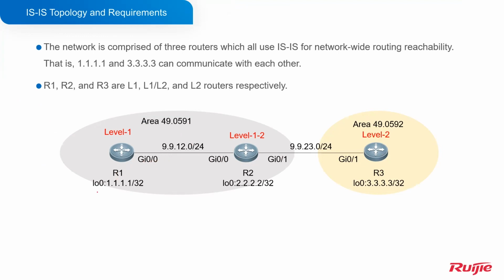We want the loopback address of route 1, 1.1.1.1, and the loopback address of route 3, 3.3.3.3, to reach each other successfully. Also, route 1 is a level 1 router, route 2 is a level 1 and 2 router, and route 3 is a level 2 router. So in this scenario, how do we add the commands to meet the requirements?